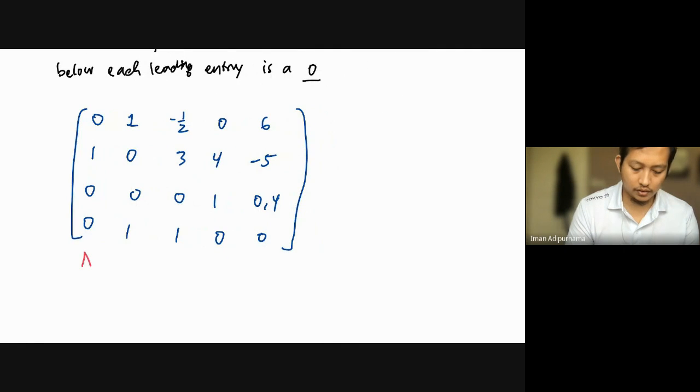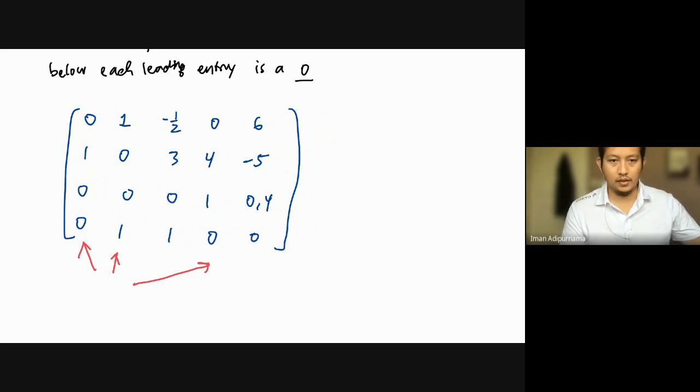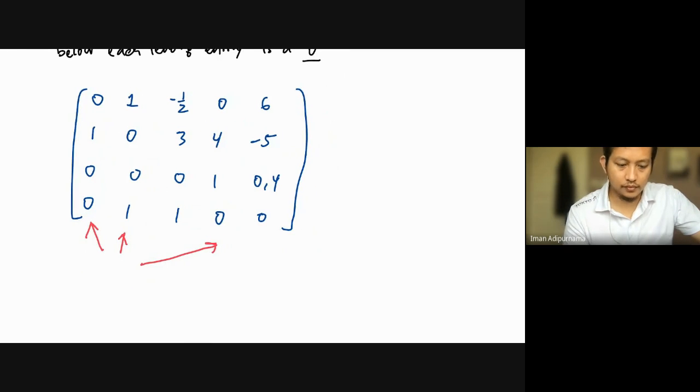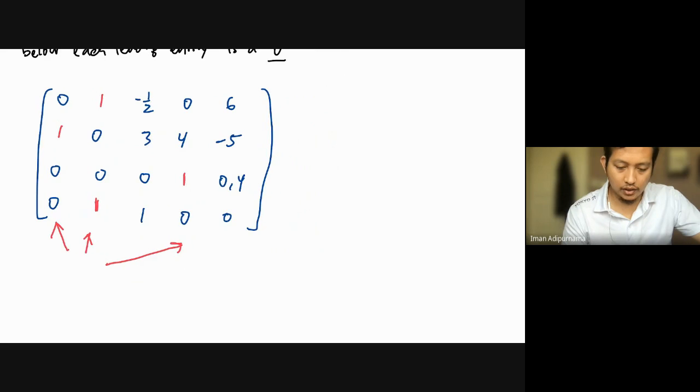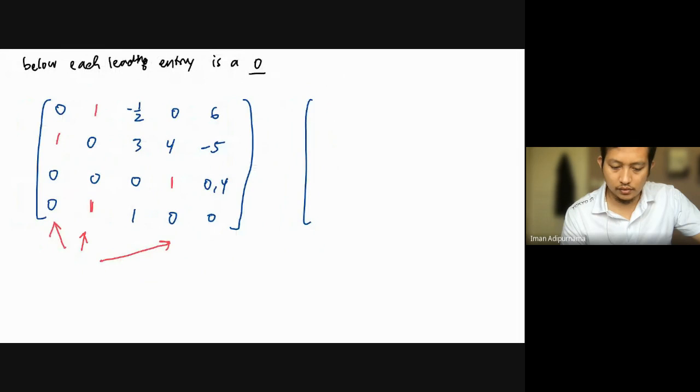If you look here, one, one, one, one, and compare with another augmented matrix that we have here, 1, 3, 6, 0.